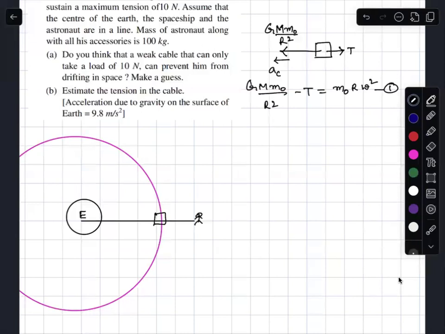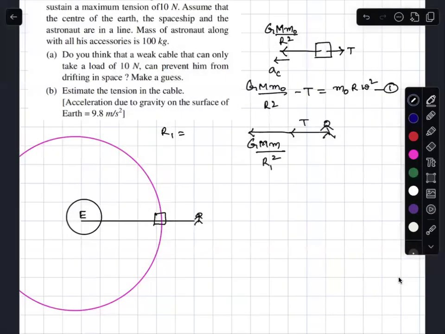Right. Now you take the free body diagram of the man. The free body diagram of the man is like this: tension T and gravitational force G capital M small m by R1 square.